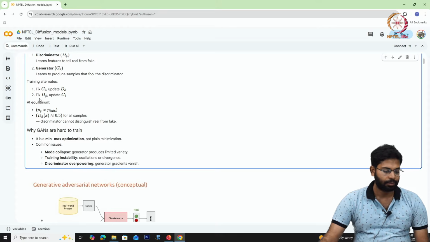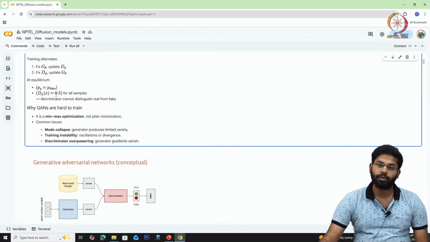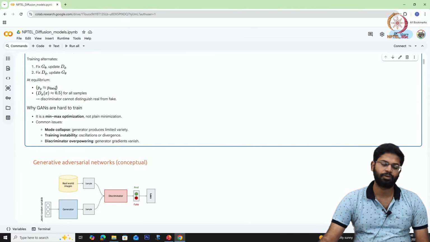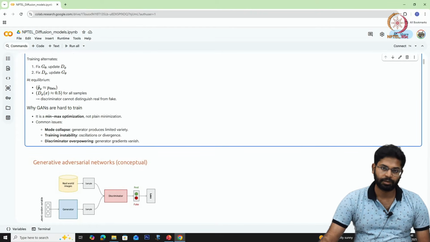In the second step, fix D phi, the discriminator, and then update the generator. When you reach equilibrium, by construction P_G becomes almost equal to P data. So the real data distribution is closely achieved by the generator's data distribution.